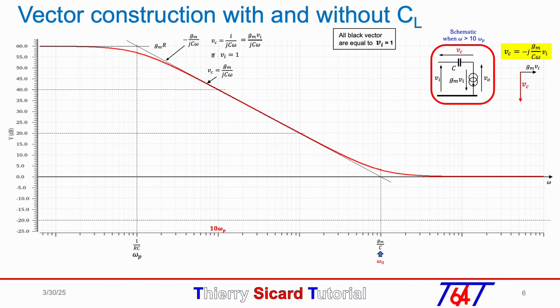At 100 omega p, the amplitude of the vector Vc is equal to 10. The construction of the vector is done with Vin in black, Vc in red, and the output vector Vout in green. We see that the gain Vout over Vin is slightly greater than 10 and that the phase is close to 90 degrees.